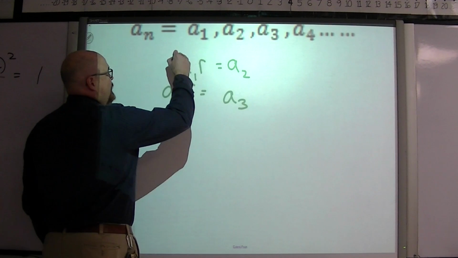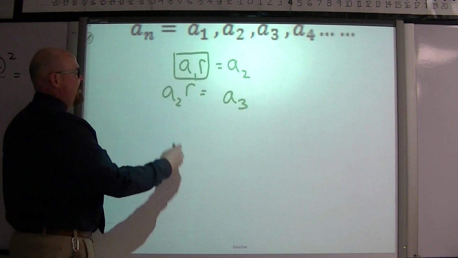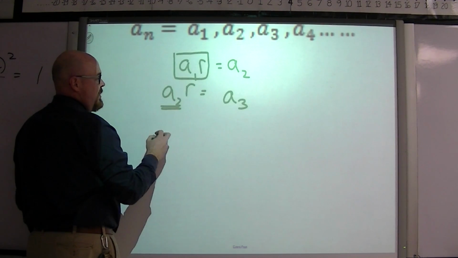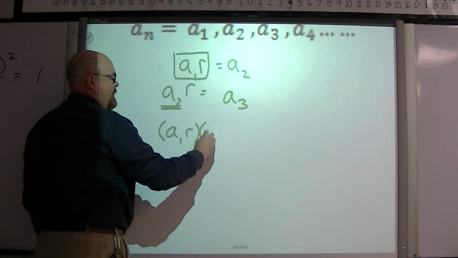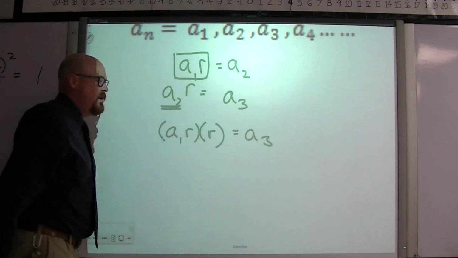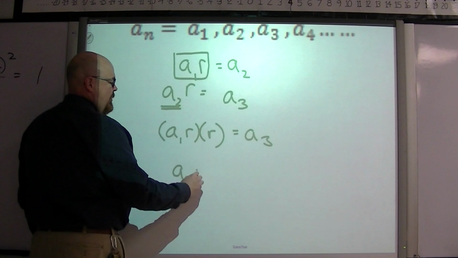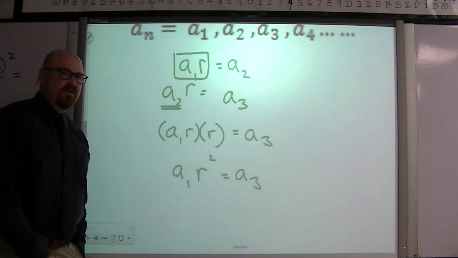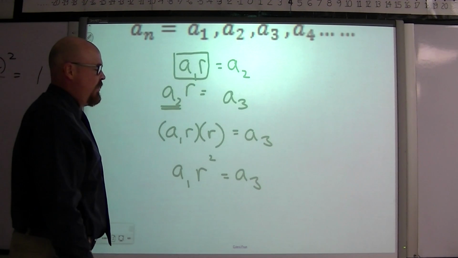But if I substitute this in place of this, because they're equal, I could say that the first term times the common ratio times this common ratio is also equal to the third term, right? So that would be the first term times the common ratio squared equals the third term, right?